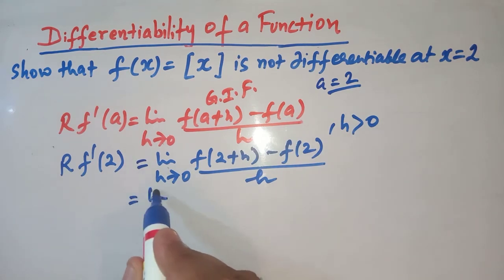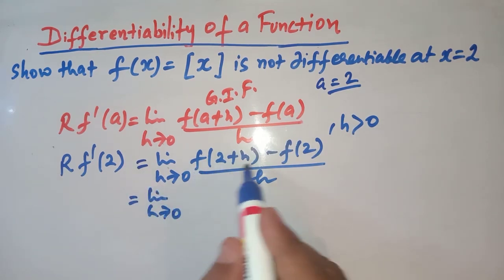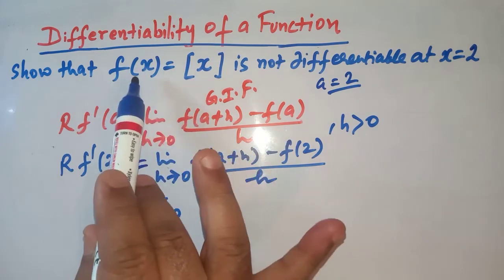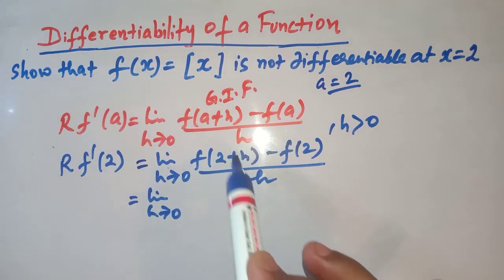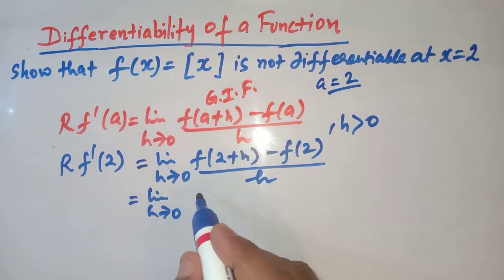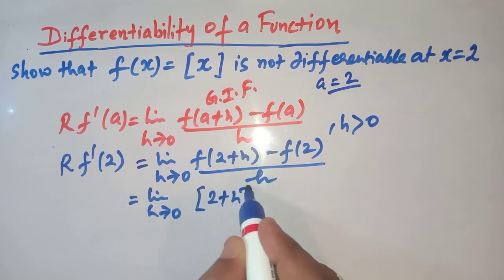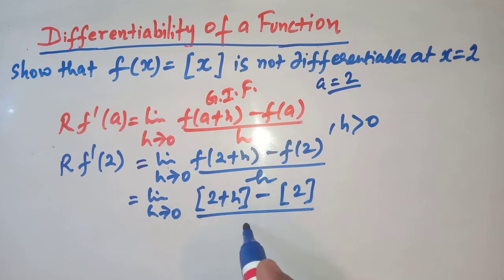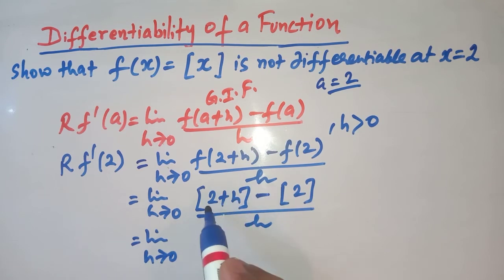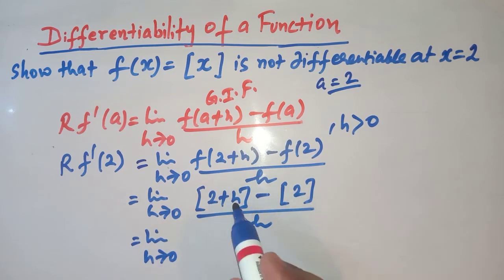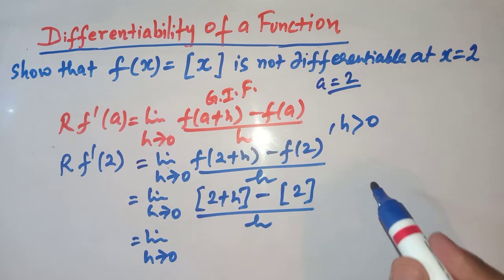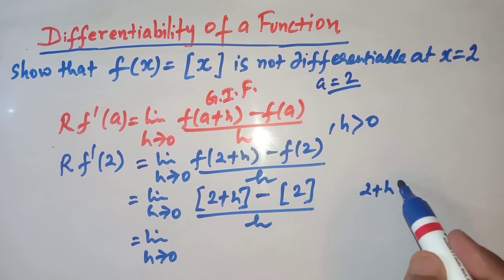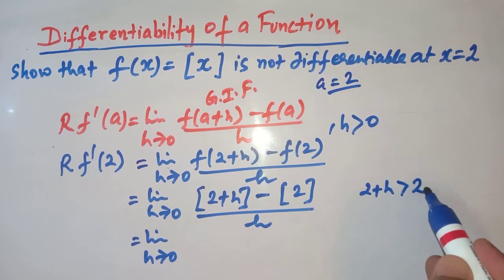Now this is limit h tends to 0. f(2 plus h) is obtained from substituting x equals 2 plus h in this function. So we have greatest integer of 2 plus h minus f(2), which is 2, over h. Now see, h is greater than 0, so 2 plus h is greater than 2.